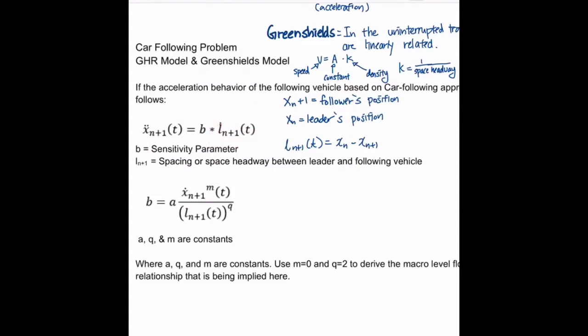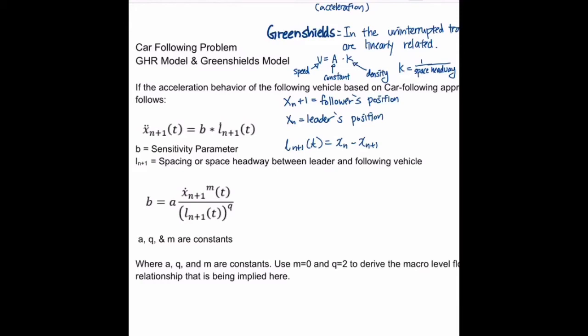And right here is the equation for the sensitivity parameter. A, M, Q are constants, and the top here is the derivative of the follower's position, or the speed, and the bottom here is the space headway.